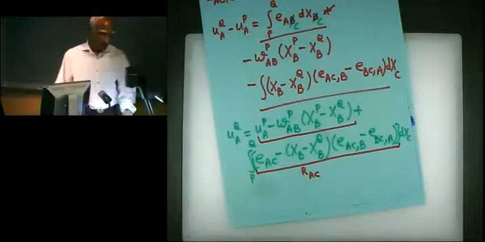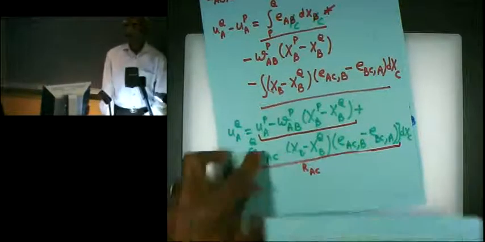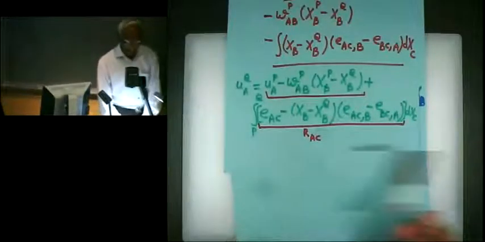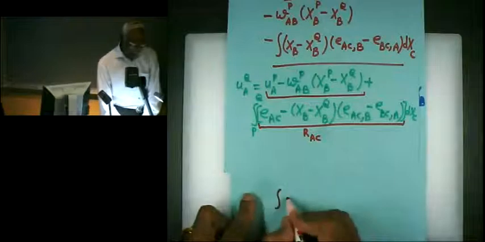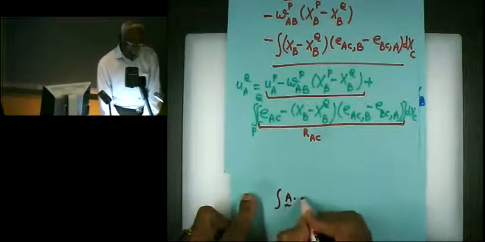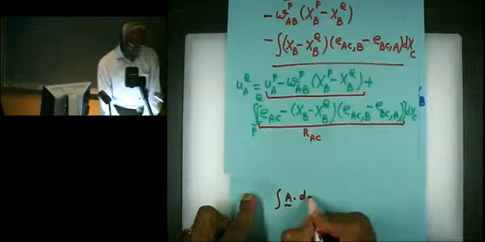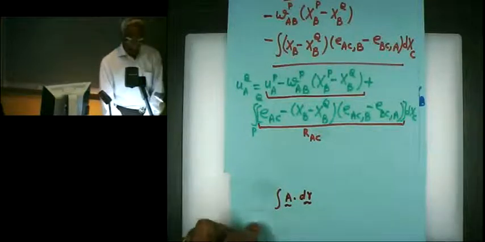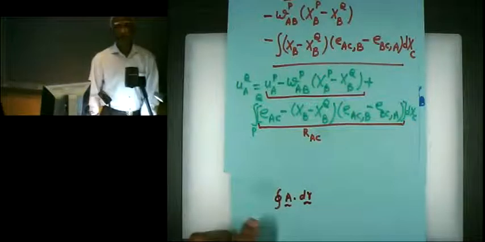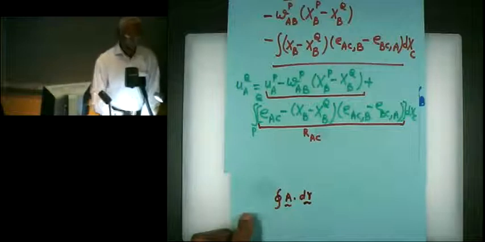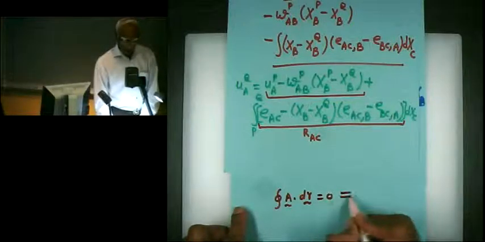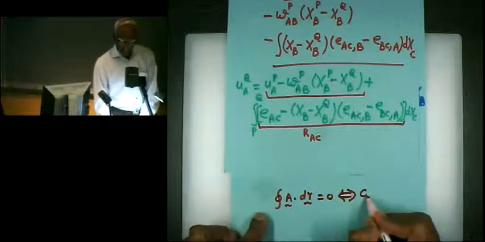So the curl of A should be 0. This integral is something like a vector A dotted with dR. For this integral to be path independent, or to come out to be 0 on every closed path, this is true if and only if the curl of A is 0.